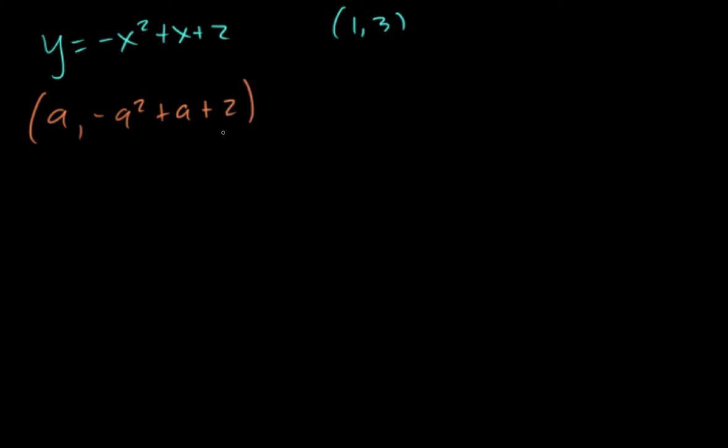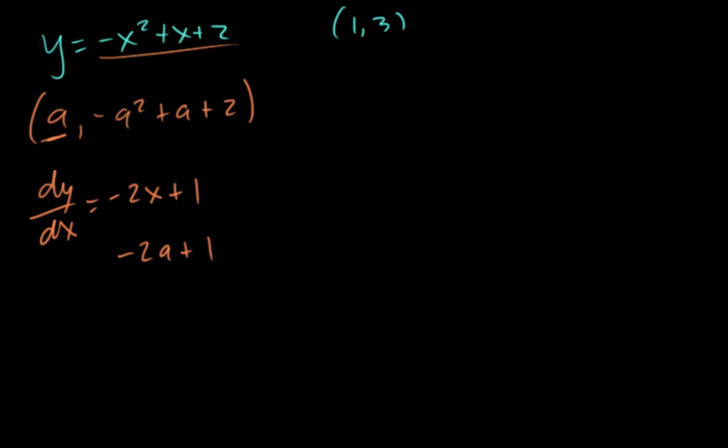So this is the equation of any point on the curve. Now, if we take the derivative of this to help us with the slope, dy/dx is equal to negative 2x plus 1. And if we want to do it at point a, we're going to get negative 2a plus 1.